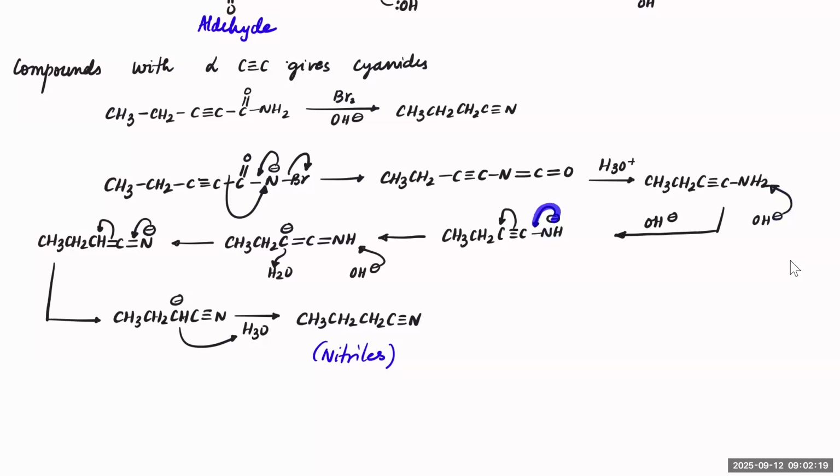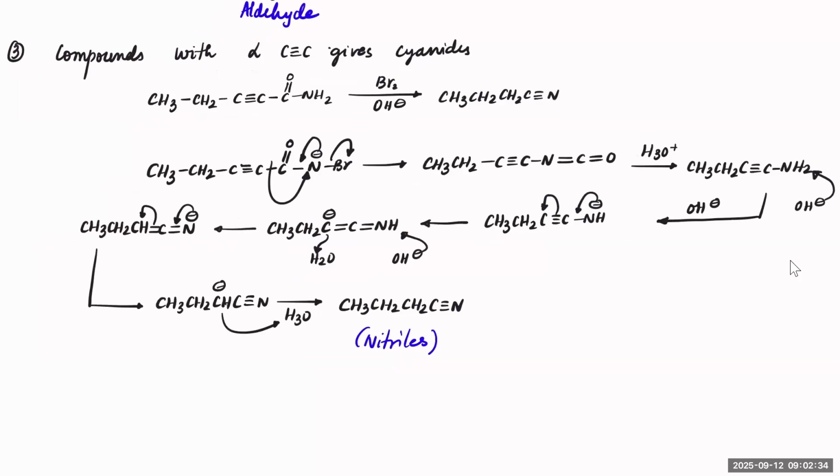Once you get NH2 minus here, it will push electrons here, pushing the minus charge here, and that will keep on happening till it becomes cyanide. So what is the product you will get? Nitriles. So instead of getting aldehydes or amines, you'll end up getting nitriles.